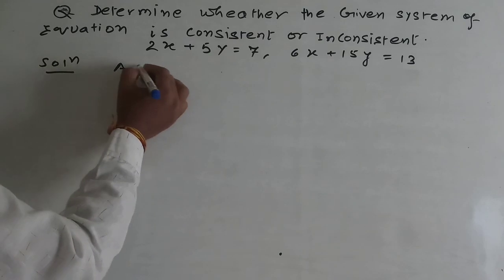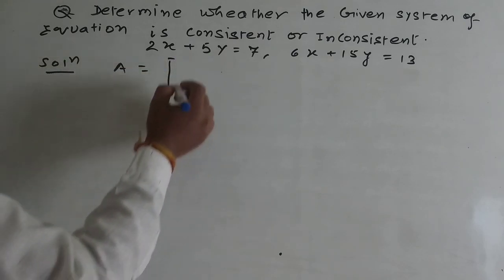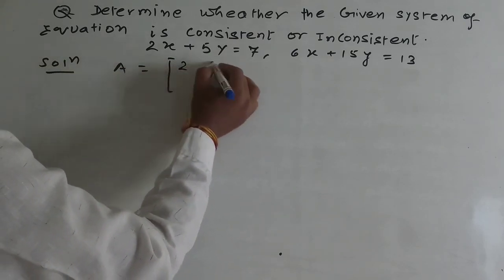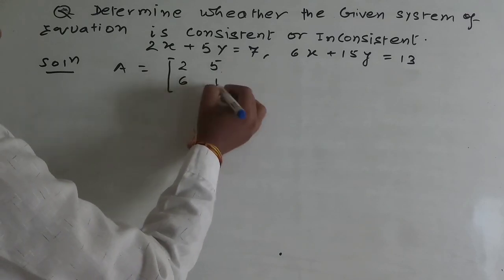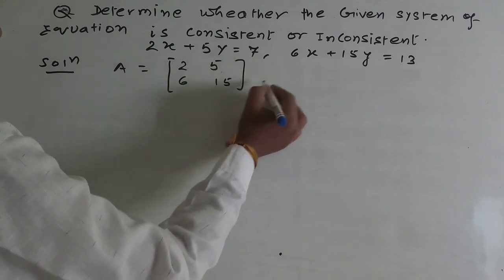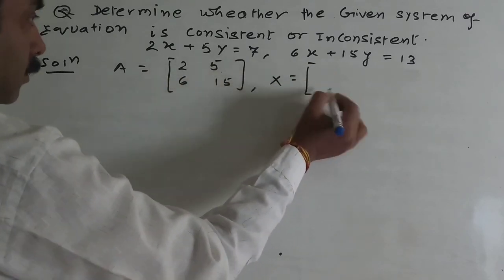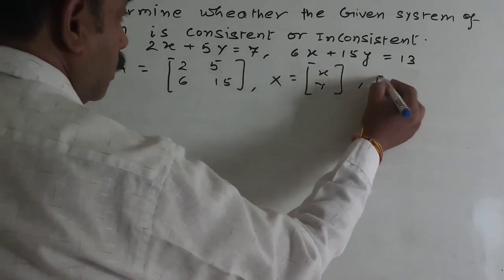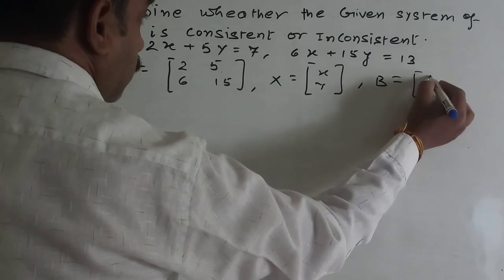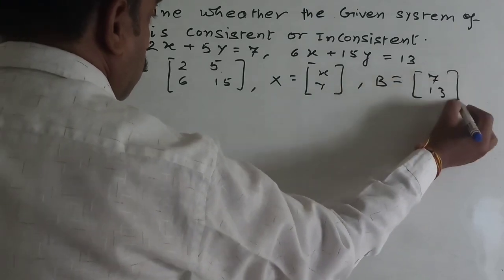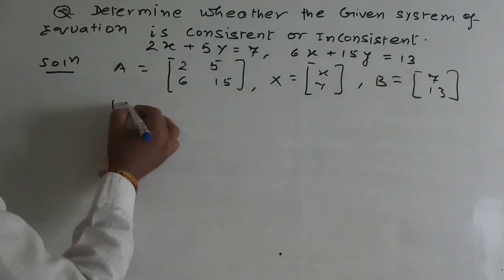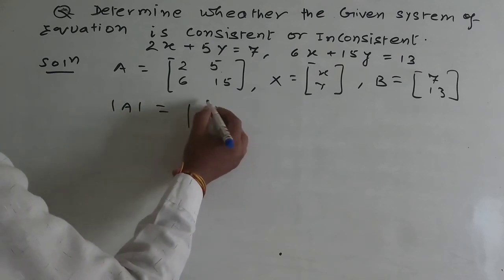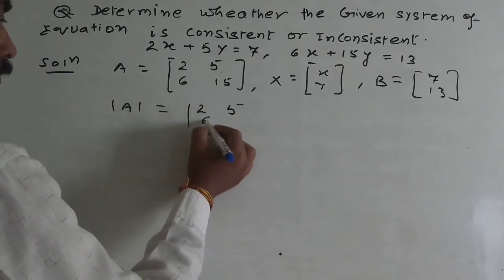The first matrix will be A from the coefficients of x, y, that is [2 5; 6 15], X from the variables x, y, and B is [7; 13].